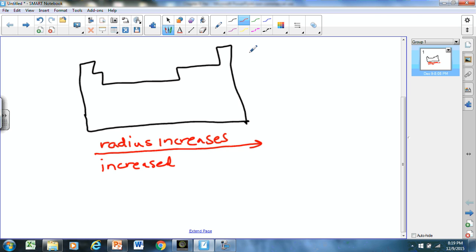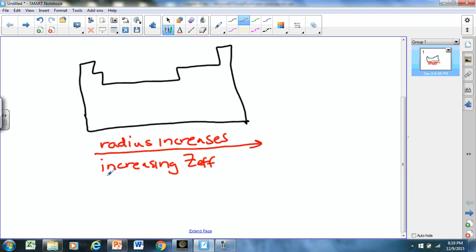I wrote increased. Let me see if I can grab this eraser. So I have increasing Zeff. Let me go through that again. What happens is that as you go from left to right, the Zeff goes up.